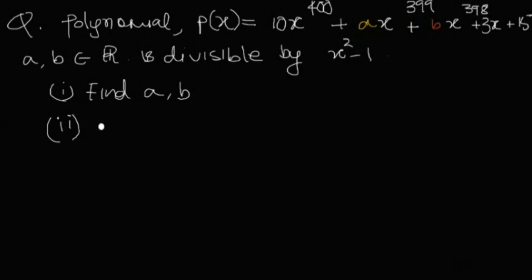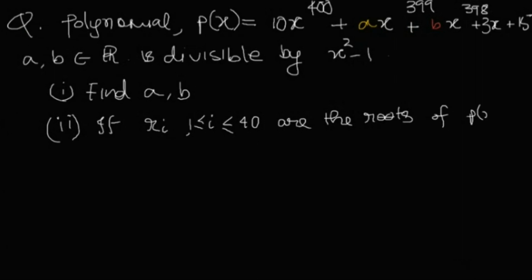So if Ri, for 1 ≤ i ≤ 400, are the roots of p(x), then find the value of the summation of 1/Ri.